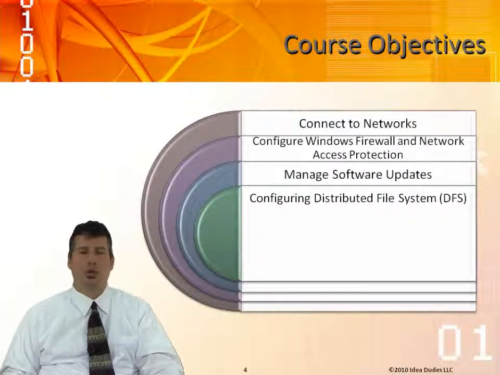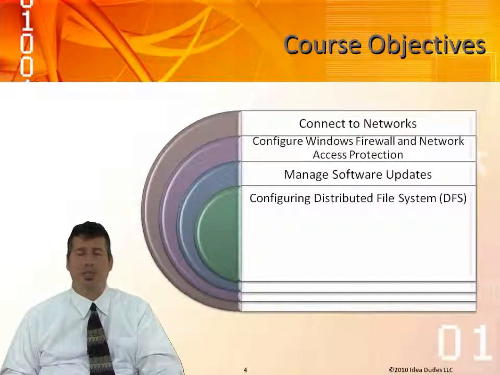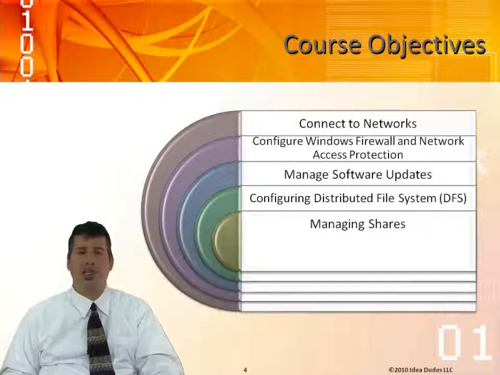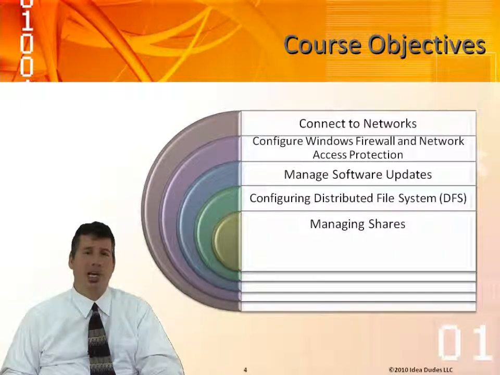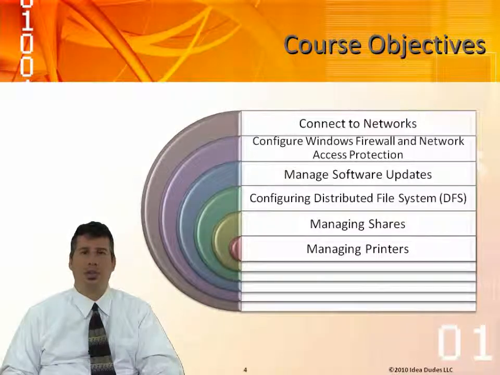When you went through the other course, Configuring a Windows 2008 environment, parts 1, 2, and 3, you would have found out that we can take our sysvol and change it over to DFSR, which makes it more resilient, easier to troubleshoot, and so forth. Then managing shares, which really hasn't changed, but we do have some new utilities and new ways of working with our shares. And then managing printers.